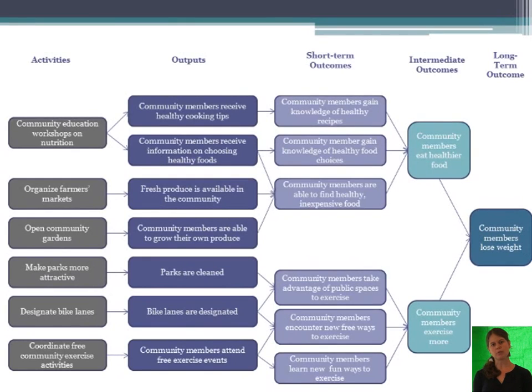So you can see that all of our activities are going to flow into our outputs, into our short-term outcomes, into our intermediate outcomes, and finally into our long-term outcome. All of our causes in our problem tree are reflected in this logic model, so that we can see that it's the root causes that we're treating, and that we have a logical way to trace the activities to the outcomes that we want to achieve.